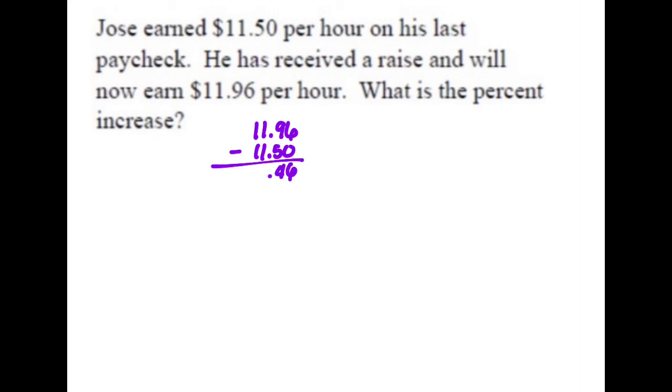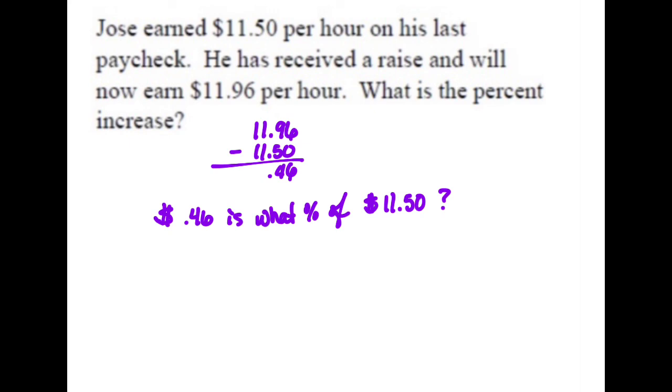You get 46-cent increase. Not great, but it's all right. It's an increase, right? So we want to know 46 cents is what percent of his original amount, which is the $11.50. It's always compared to the original amount.